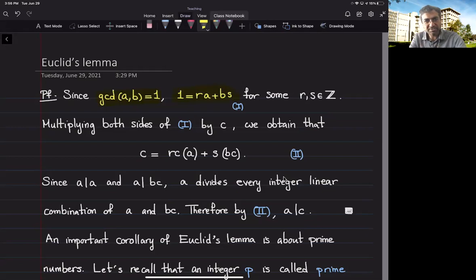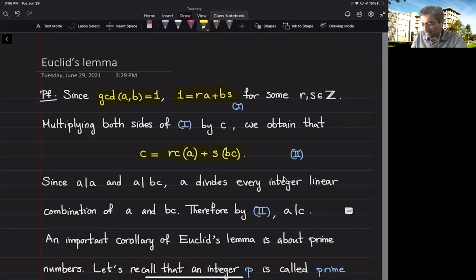We multiply both sides of this by c. We deduce that c is rc times a. You see, I took this c, put it in the middle, because I want to emphasize that this is a multiple of a, plus s times bc. So again, the c that's multiplied by this term, I put it close to b. So the way that I wrote it here should make it clear that c is an integer linear combination of a and bc.